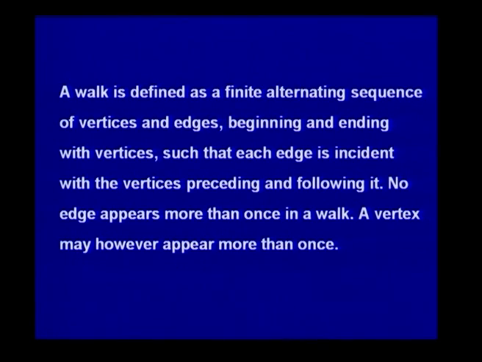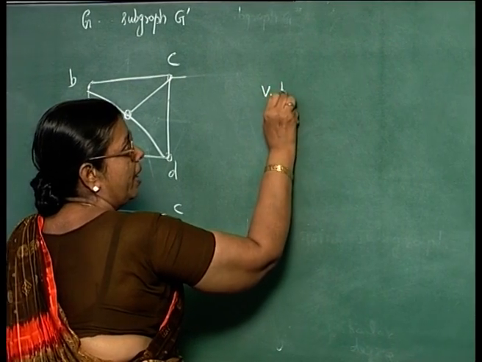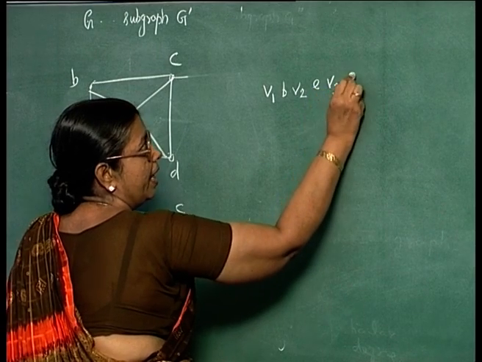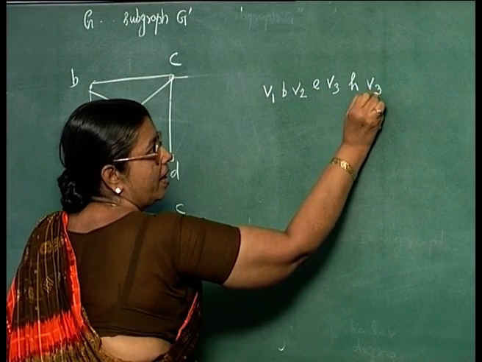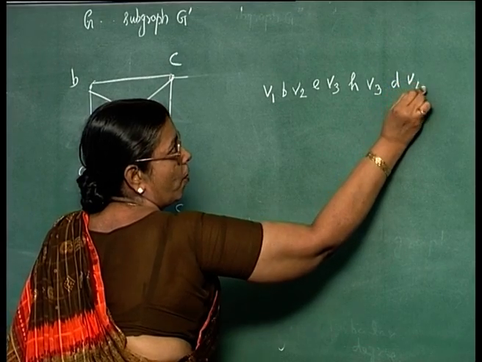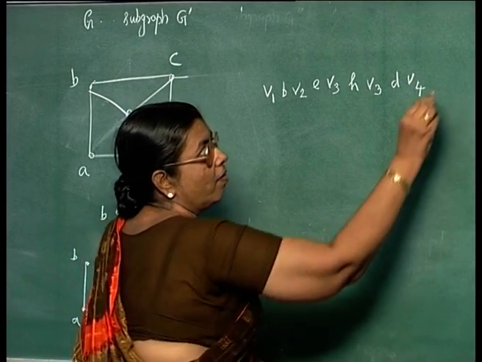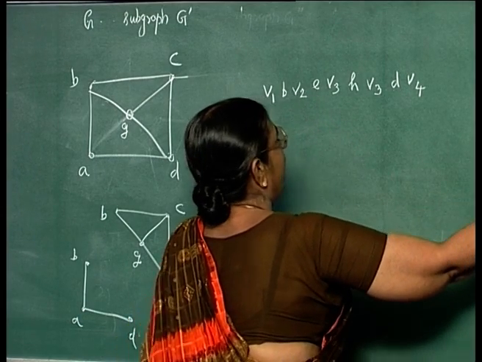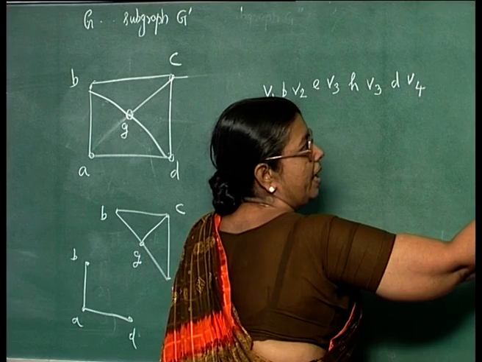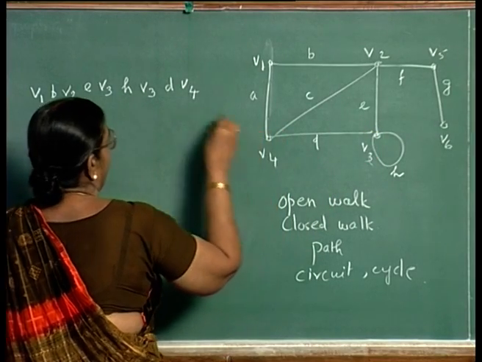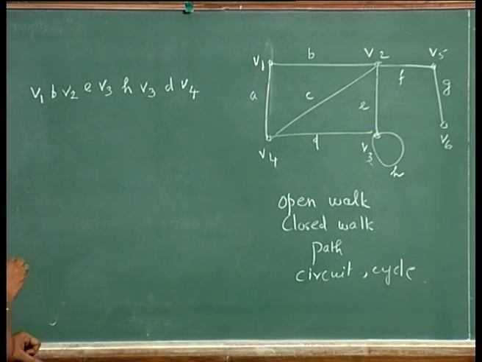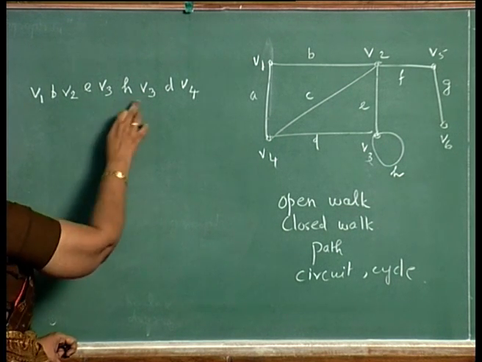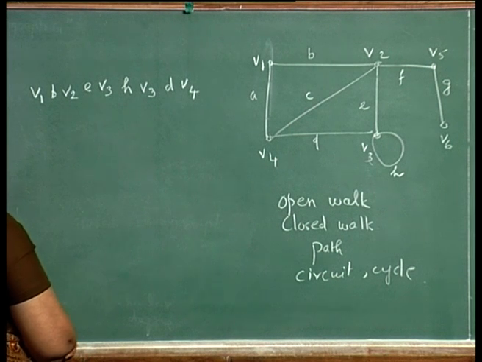So, look at this: V1, B, V2, E, V3, H, V3, D, V4. This is a walk. No edge appears more than once, but the vertex V3 appears twice. That is okay.